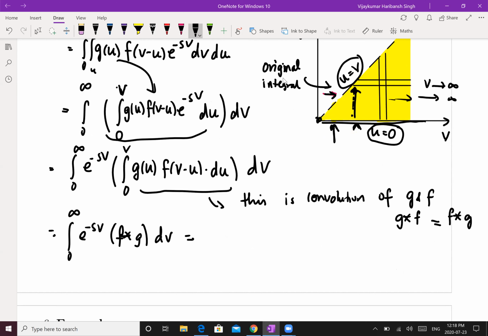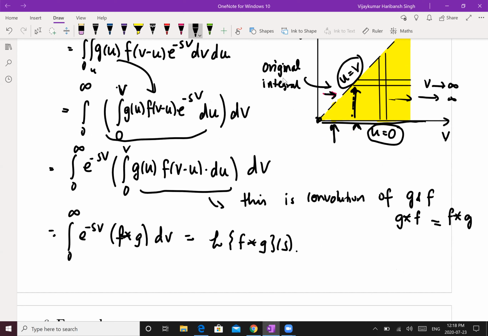Now this can be seen as the Laplace transform of f star g, right?